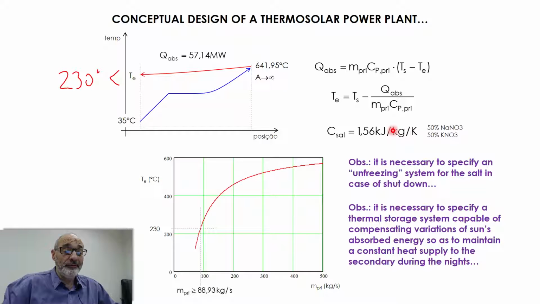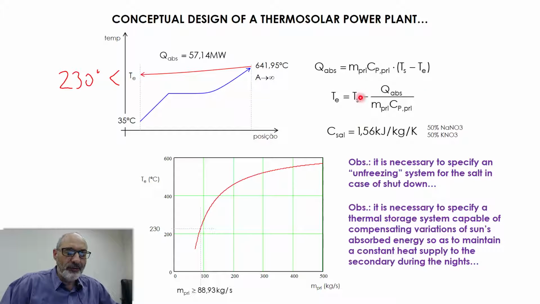Since TE must be greater than 230, now I can vary this flow rate and verify the limit value.